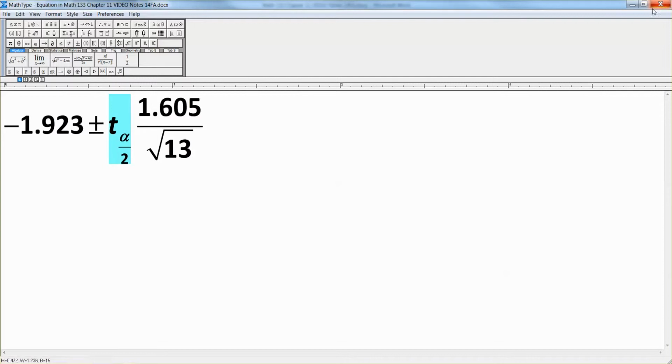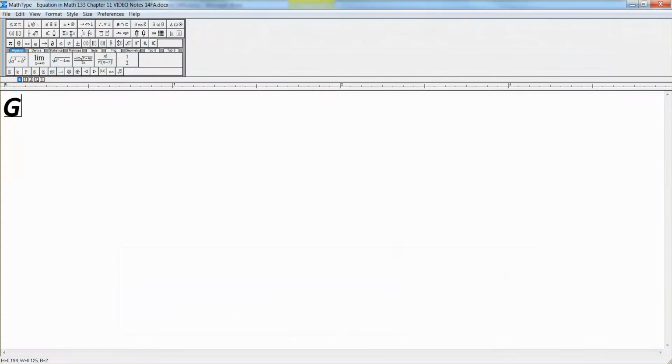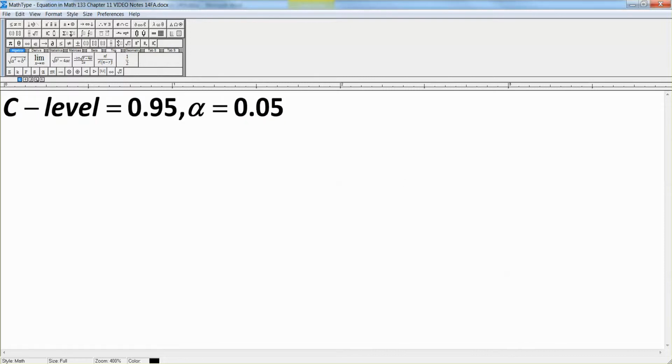Now t alpha over 2, we need to go calculate some things real quickly. All right, over here, so let's make a note to ourselves. Alpha is 0.05. That's because our confidence level was 95. Okay, so then we need alpha over 2 because the formula says t alpha over 2, which is 0.025.